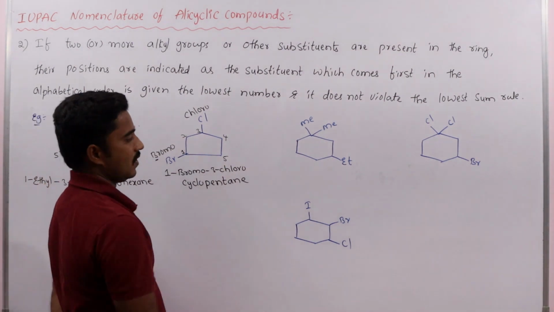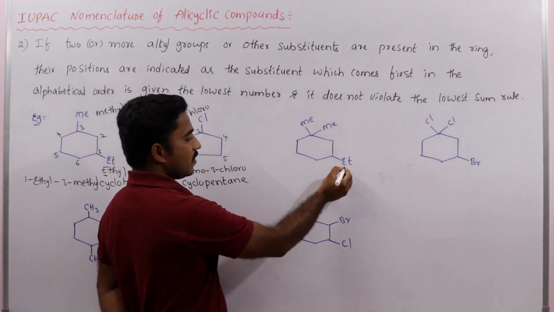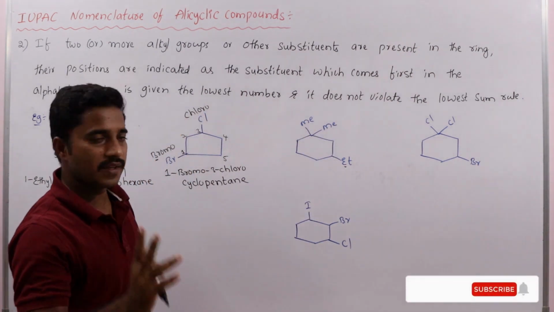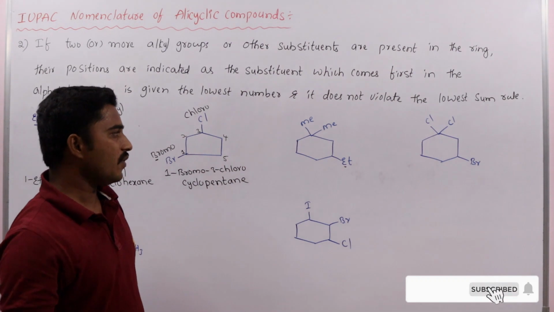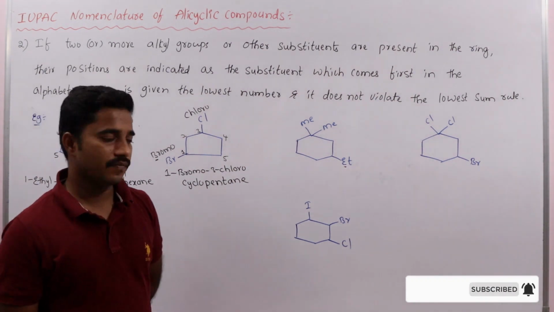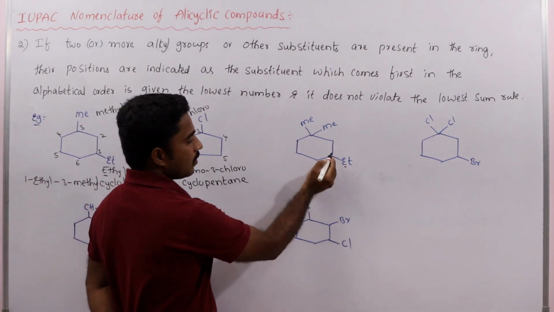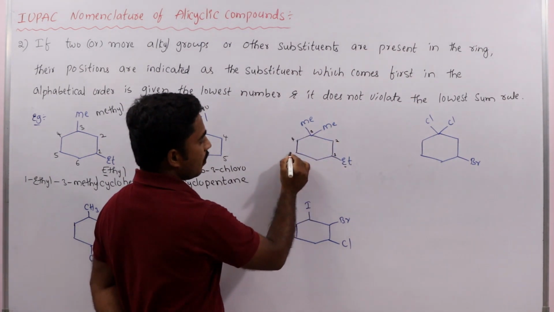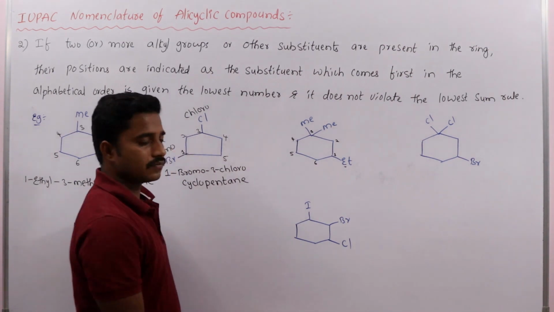In this case, here an ethyl substituent is there, and here 2 methyl substituents are there. If you follow the alphabetical order, 1, 2, 3, 4, 5, 6.